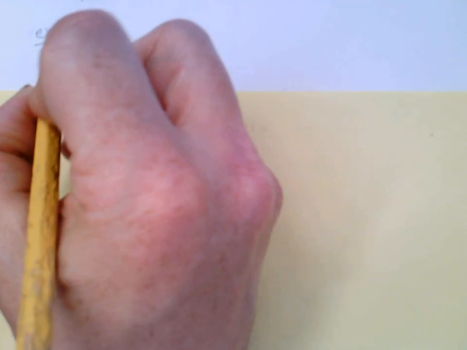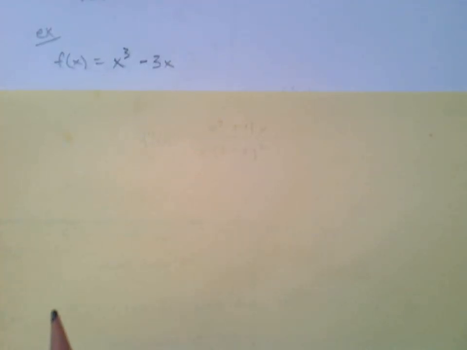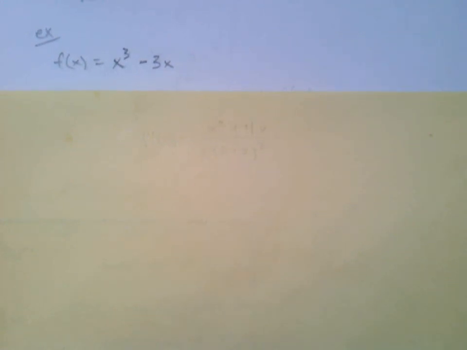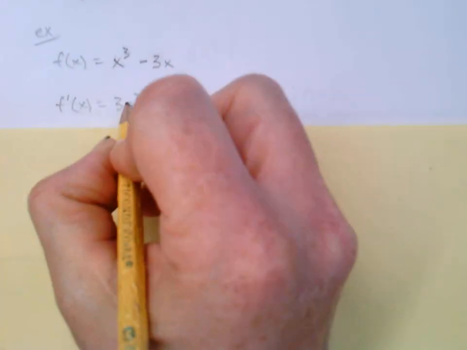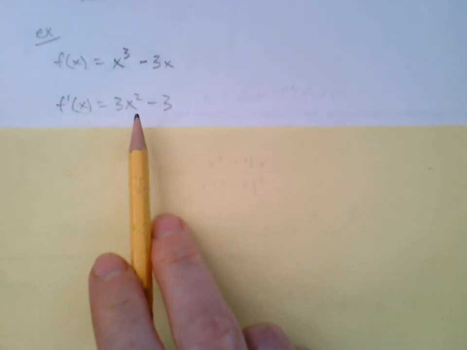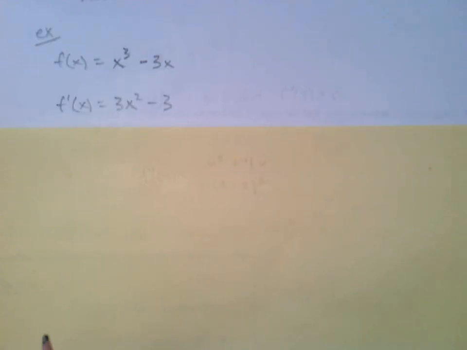Let's try, just really quick, applying the second derivative test to f of x equals x to the third minus 3x. So if we do that, we're going to take the first derivative, and remember, we need to know the critical numbers that cause the first derivative to equal 0.